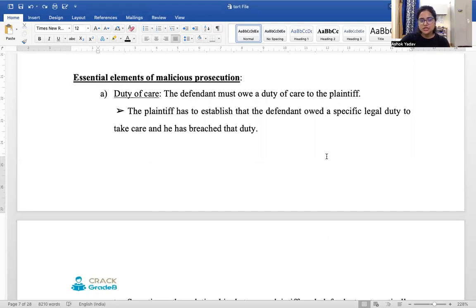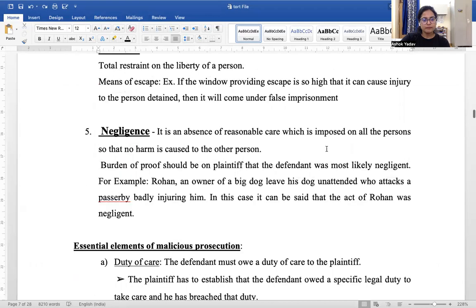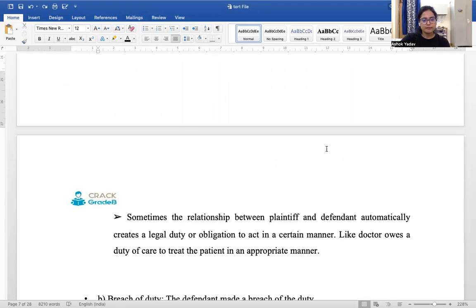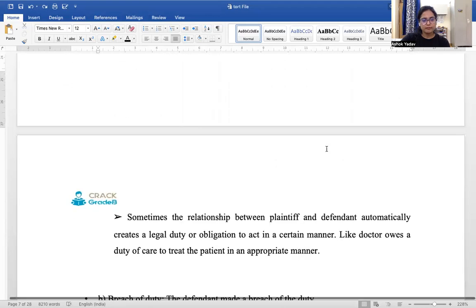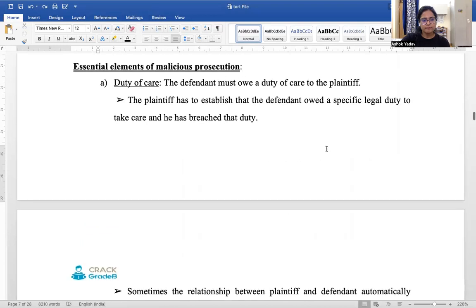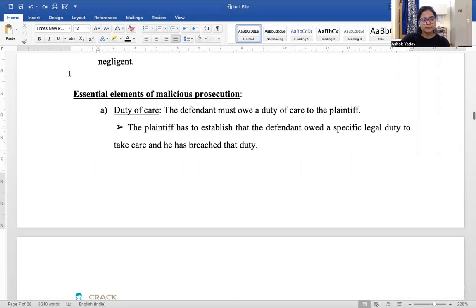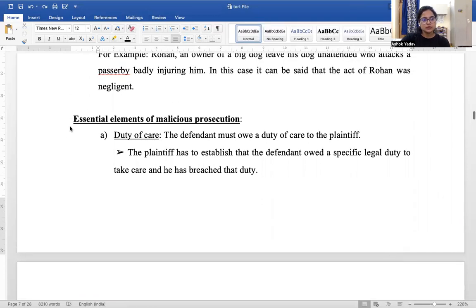Now, let's see what the essential elements of... no, this is actually something wrong. It should be, wait, this is the essential elements of negligence, right?